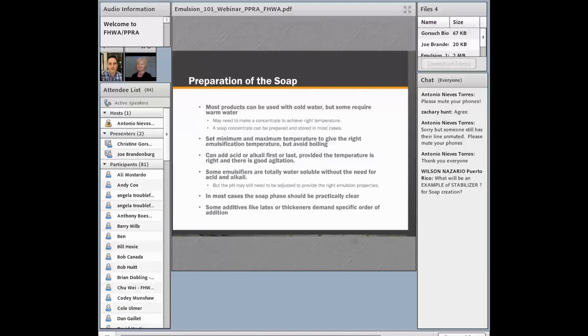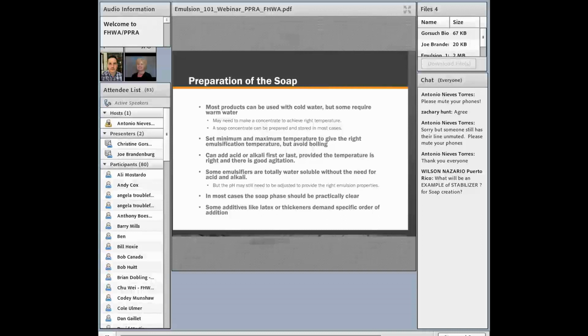So really, I think the most important part of manufacturing emulsions, outside of knowing what asphalt you're going to use and understanding the properties of that asphalt, is, well, how do I manufacture soap? And why is soap preparation so important? Now, depending on the emulsifier that you use, you could either make up a straight soap solution in your batch tank, or sometimes you could make what we call a soap concentrate.